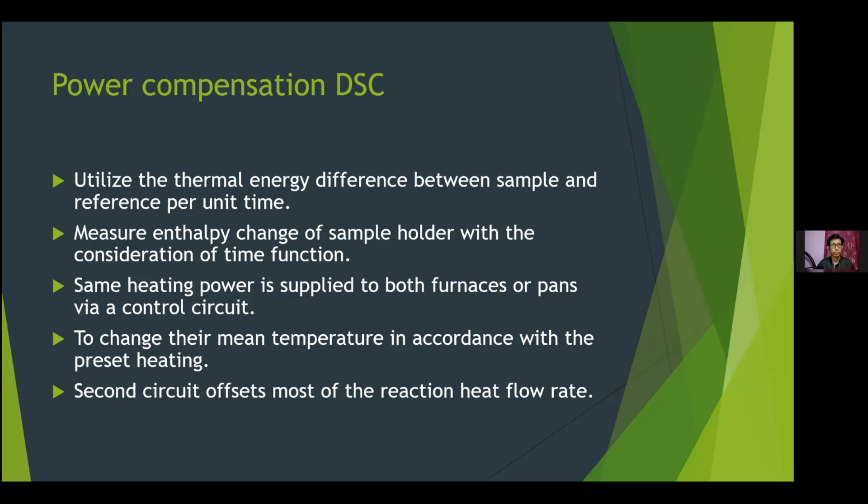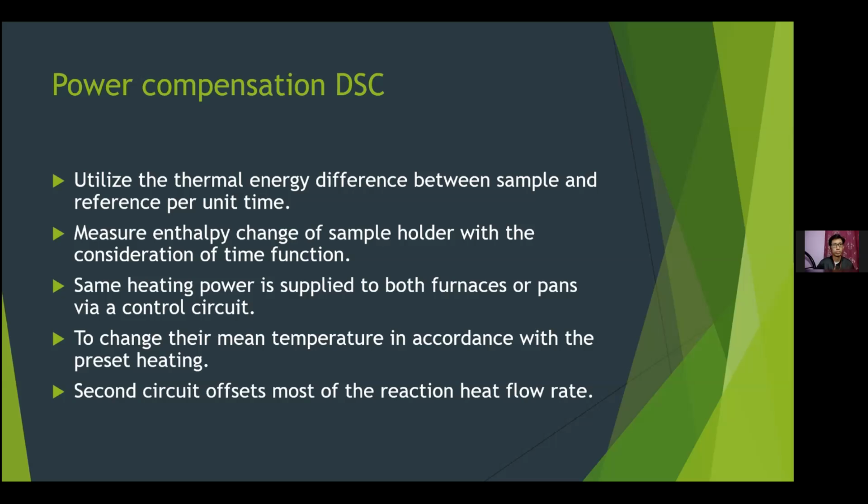So, when an asymmetry occurs, it will occur when there is a sample reaction, which results in a temperature difference between the micro furnaces or pans containing the sample and reference.